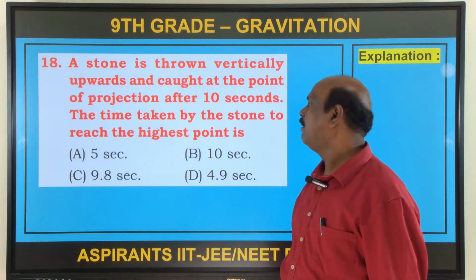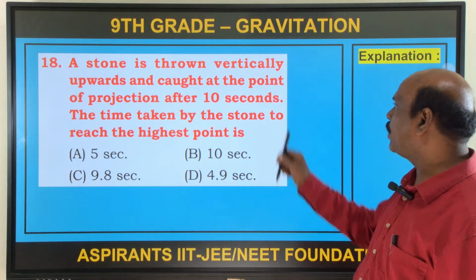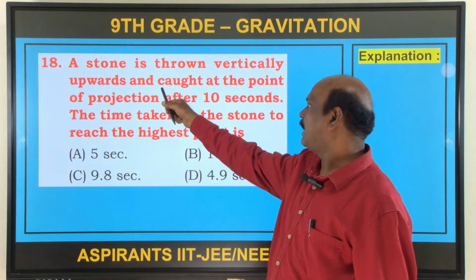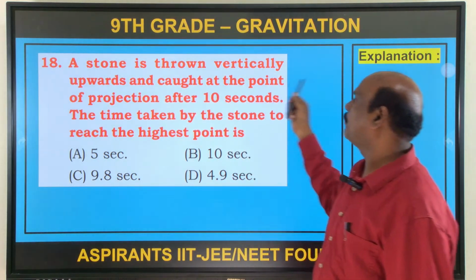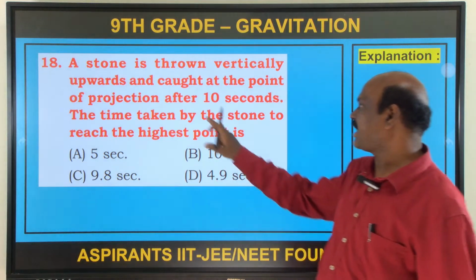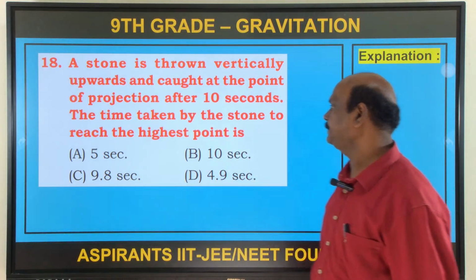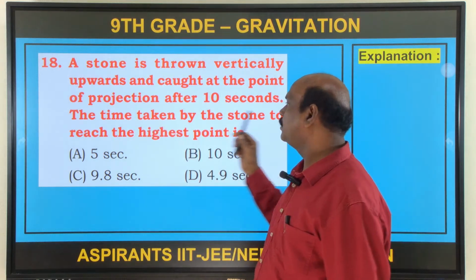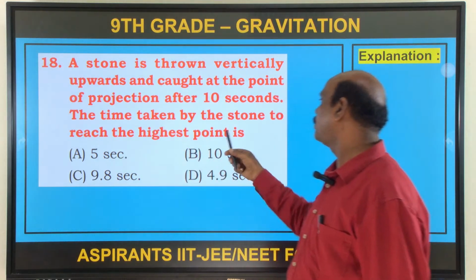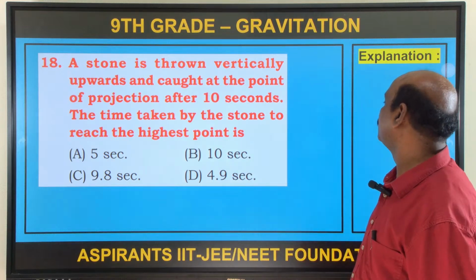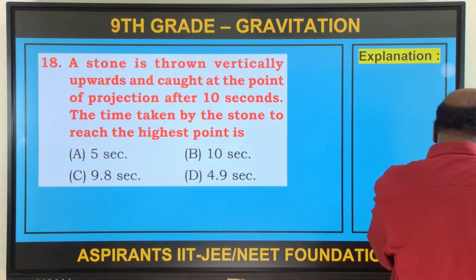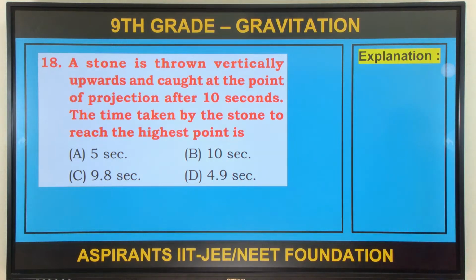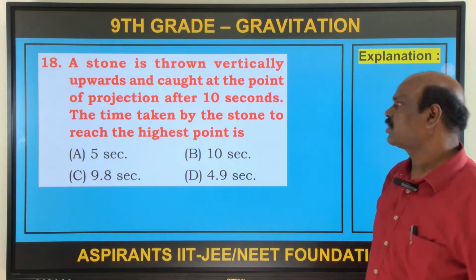Next, a stone is thrown vertically upwards and caught at the point of projection after 10 seconds. The time taken by the stone to reach the highest point is... sorry, let us see once again.